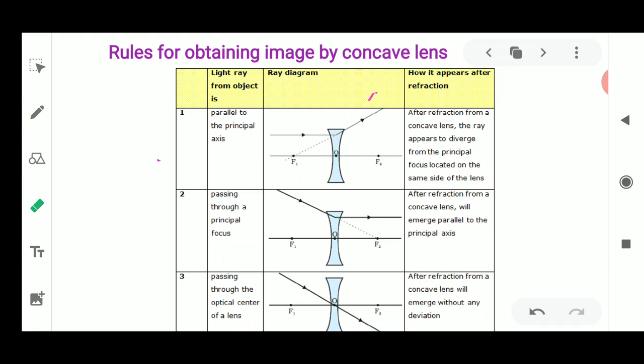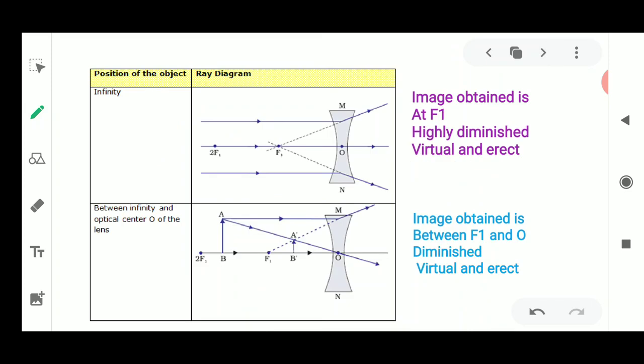Okay, now the last rule says that whenever a ray of light passes through the optical center, it is going to emerge out without deviation. No deviation will be seen in this case, because the light goes through the lens without any bending. Fine. Now the next point is that we go on to the image formation in concave lenses.